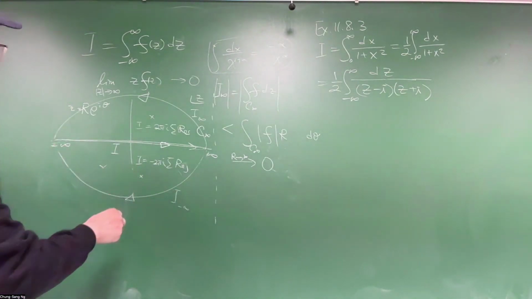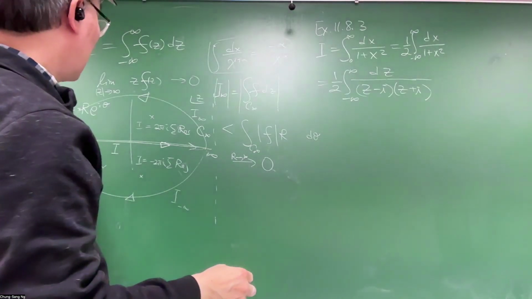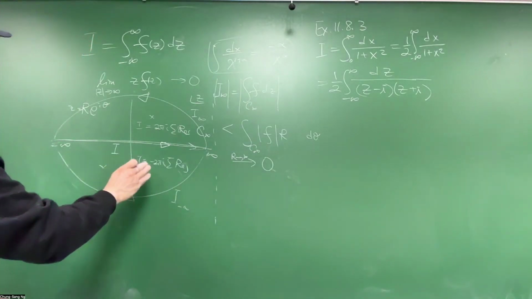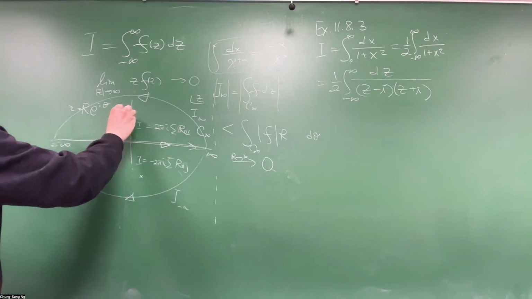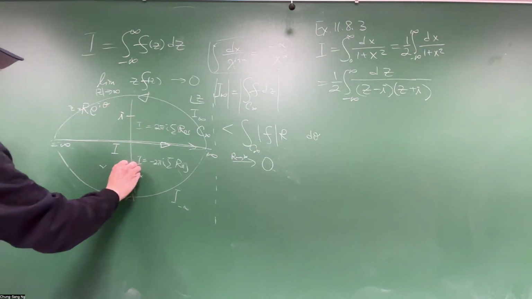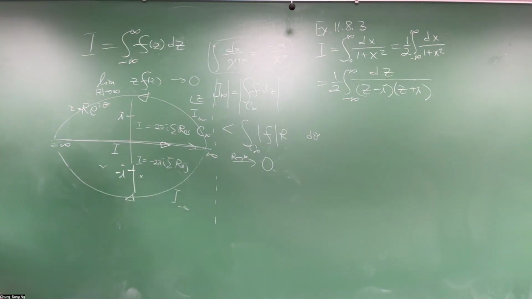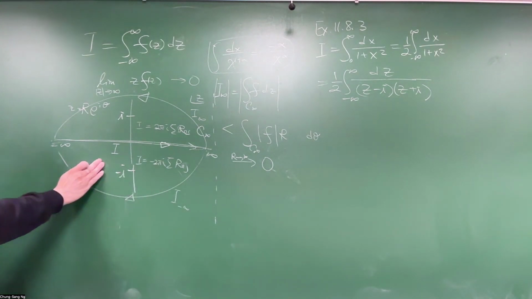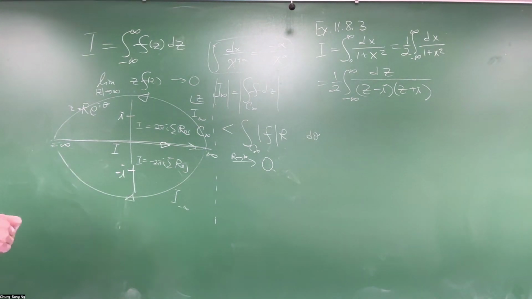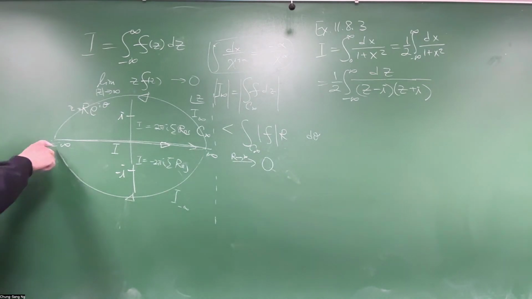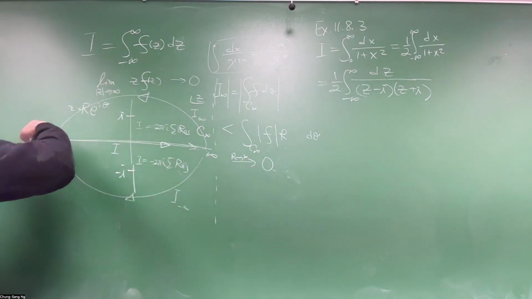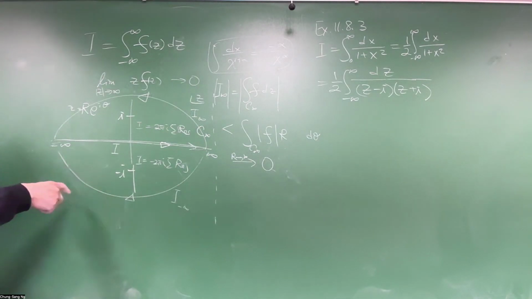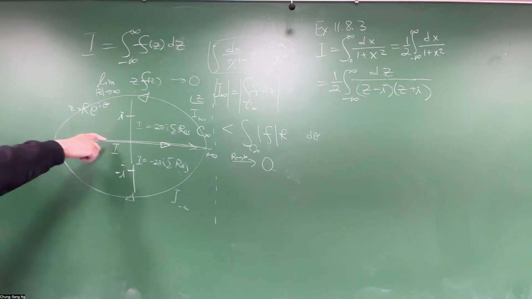So there are two poles, one is i, and both are simple poles. You need only one of them. You can either close up or close down, but in this case it doesn't matter. It should be the same.